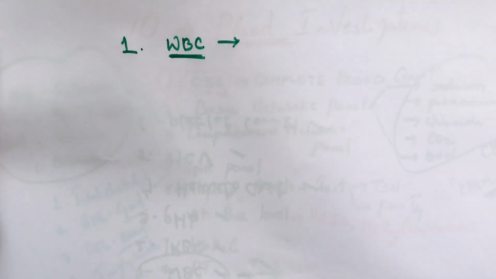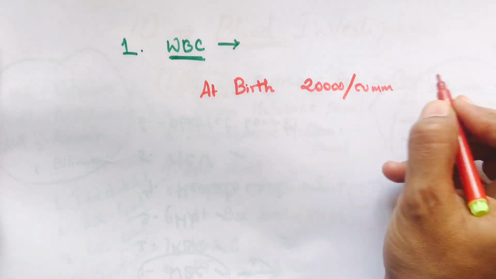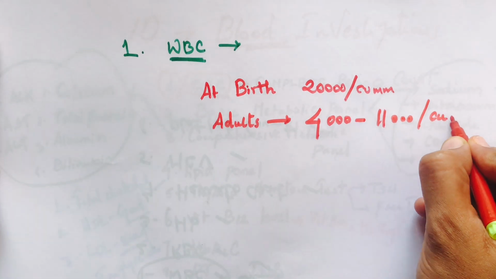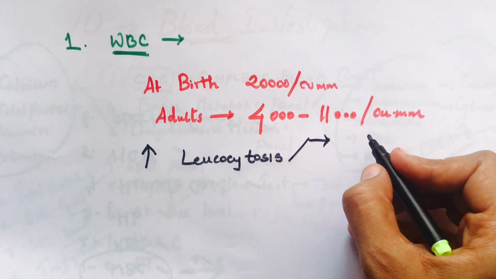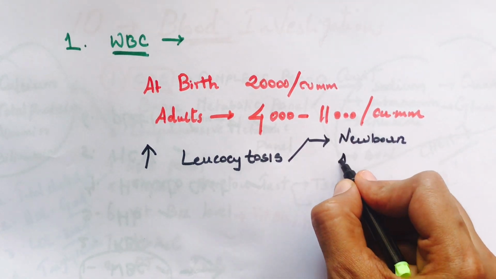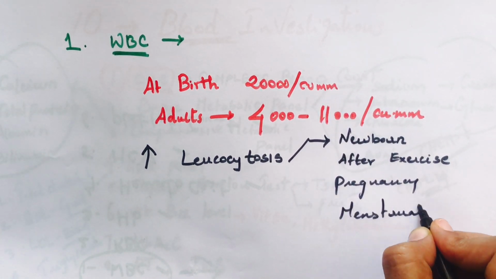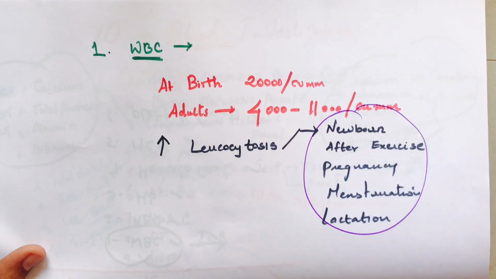What is the normal level of white blood cell count? At birth it is 20,000 cells per cubic millimeter, whereas in adults it ranges from 4,000 to 11,000. Increase in white blood cell count is called leukocytosis, which is normally seen in newborn, pregnancy, during menstruation, and lactation.